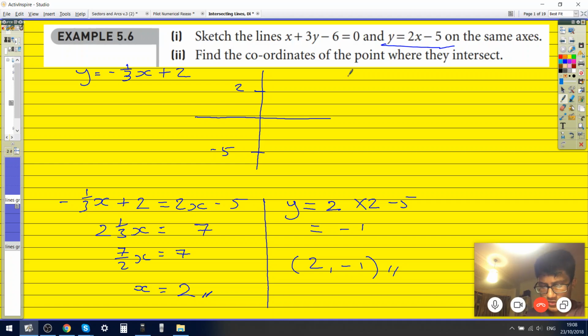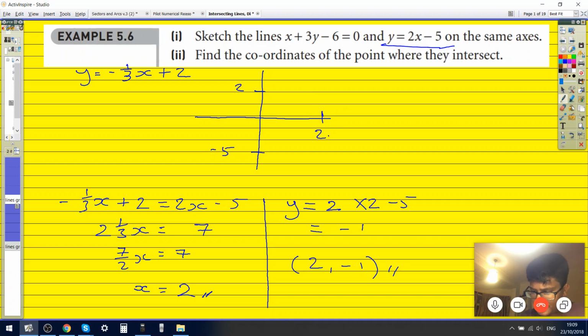I'm not too sure, to be honest. So for the x-intercepts, you could let y be 0 and find x. Okay, so 2x minus 5 equals 0. Yeah. So then 2x is 5. X is 2.5. Yeah.